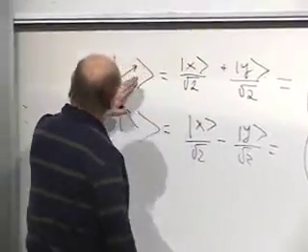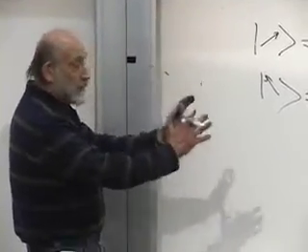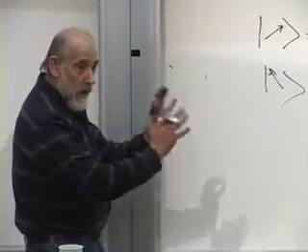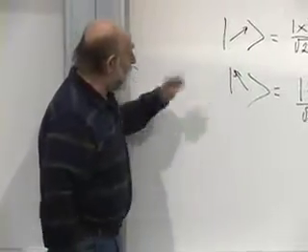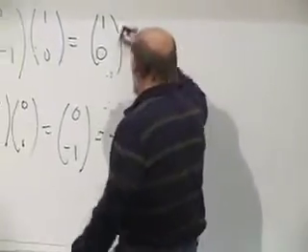Okay. What is the probability that if I create this polarization and then send it through the vertical polarizer, the y polarizer, what's the probability that it goes through? Well, of course, the answer is a half, but let's do it by using the rules of quantum mechanics.